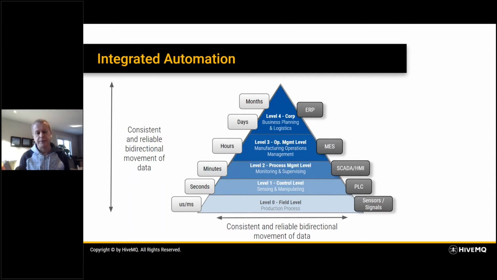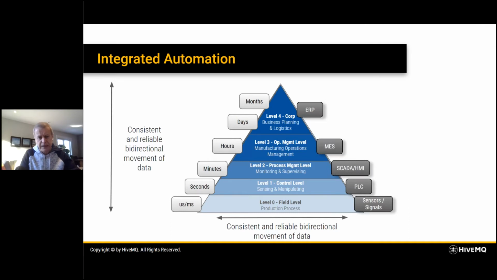The levels of factory automation are certainly well known, and the key challenge is how you get consistent, reliable movement of data through these levels. How do you pass information from the production field level to the control, process management, operation, and corporate levels? And how do you pass information within each level too?